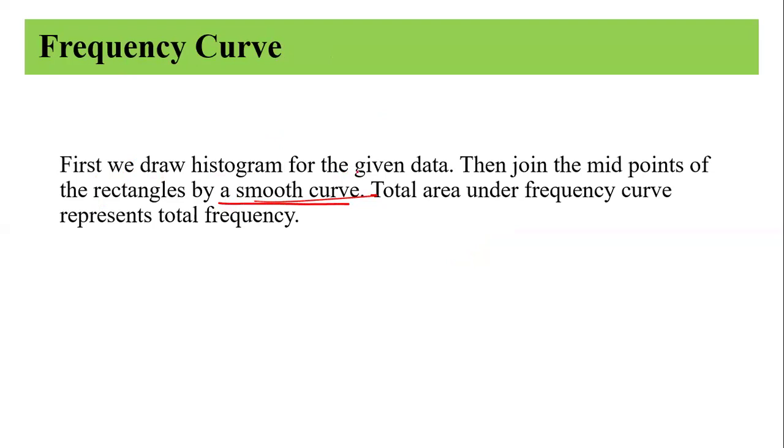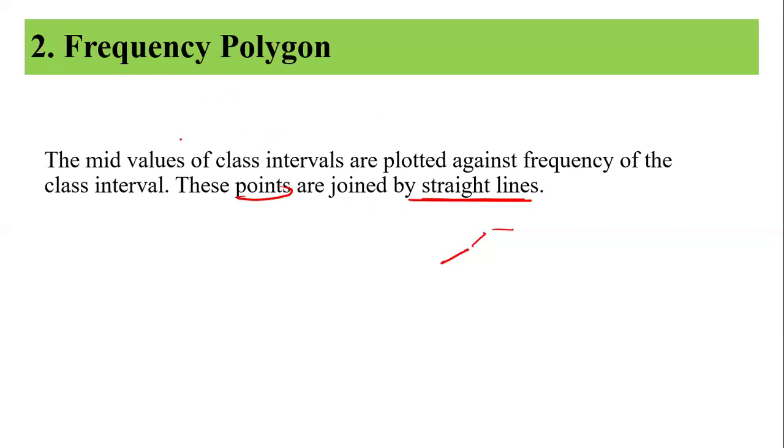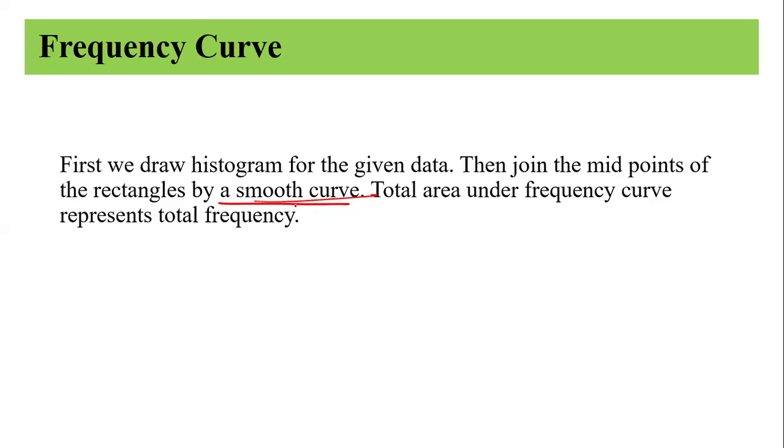First, we draw the histogram for the given data, then join the midpoints of the rectangles by a smooth curve, called the frequency curve. The frequency polygon and curve are the same, but for the polygon we use straight lines, and for the frequency curve we use a smooth curve. Straight means like this. A smooth curve is like this. Okay.